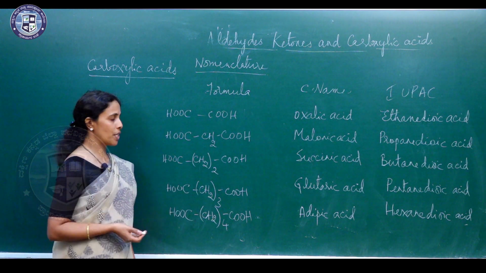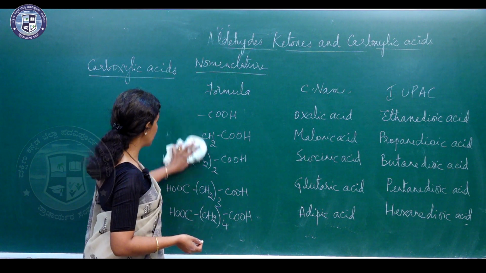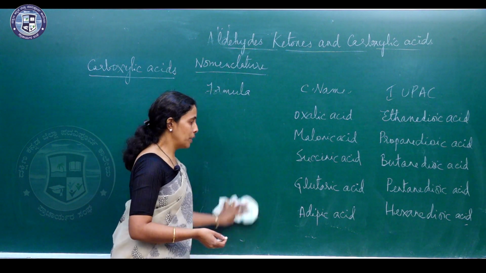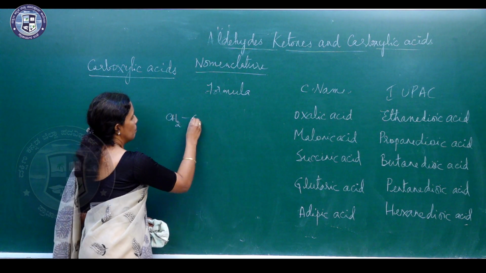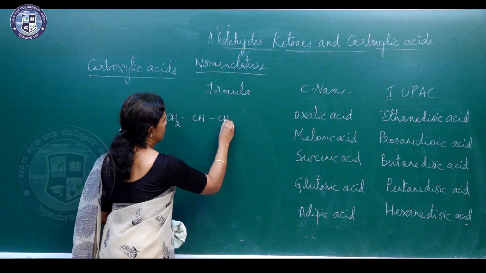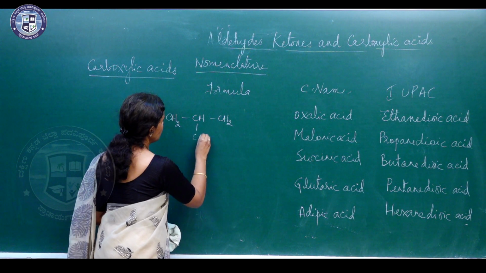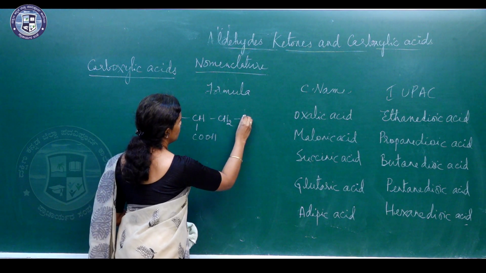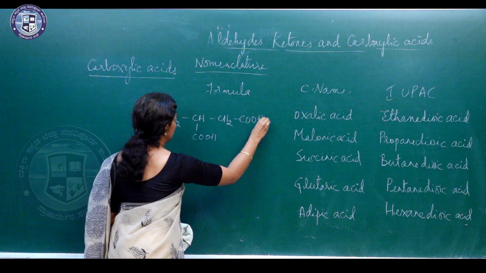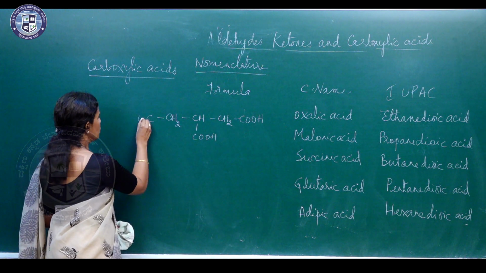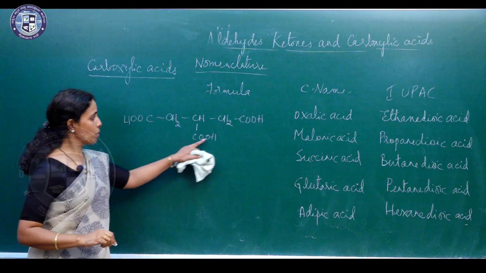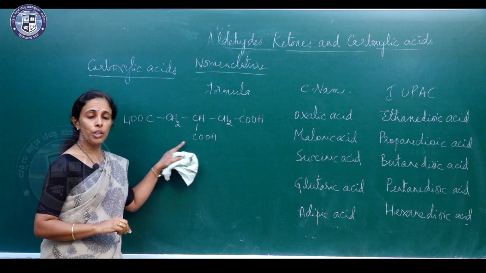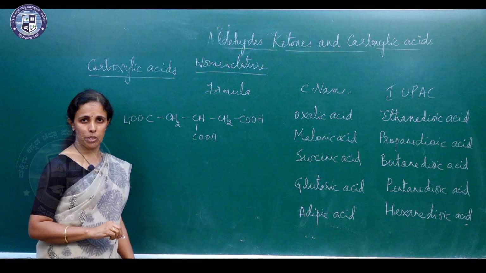So, when you come to tricarboxylic acid, we will take a compound and see how it is named. So, in this compound there are 3 carboxylic groups, but they do not occupy identical positions.